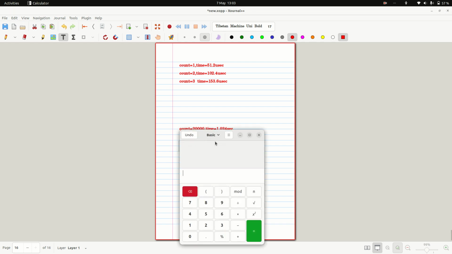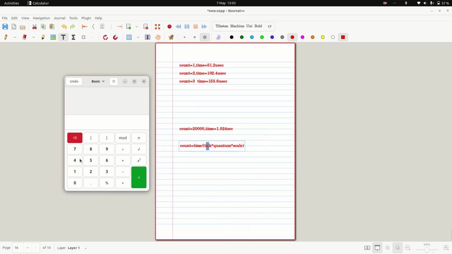Open calculator. So time is how much? 1. So 256 tick, then quantum is 200 nanosecond.